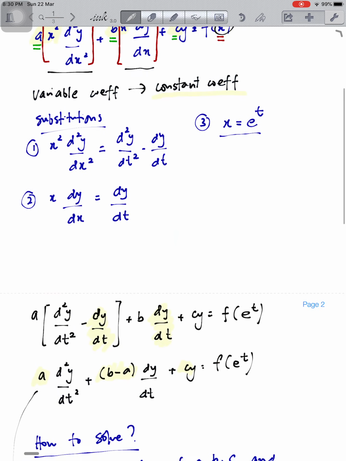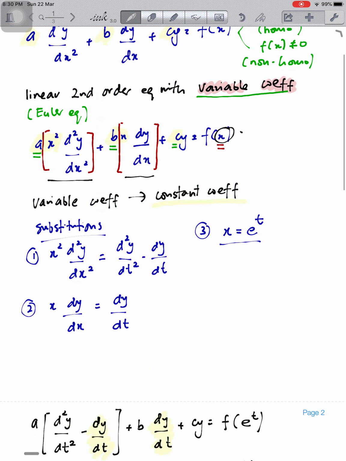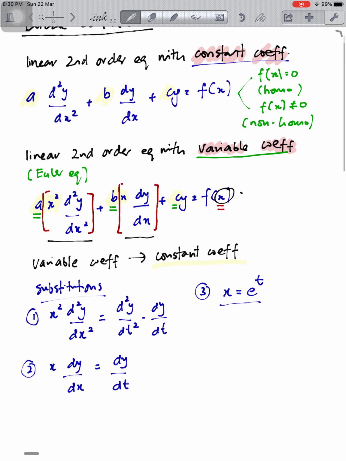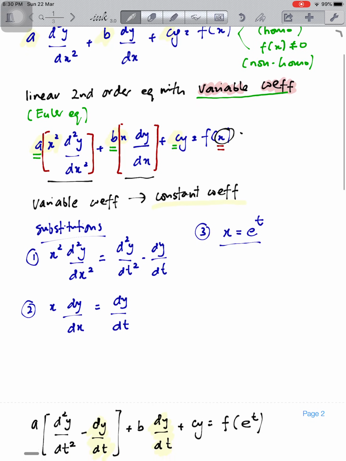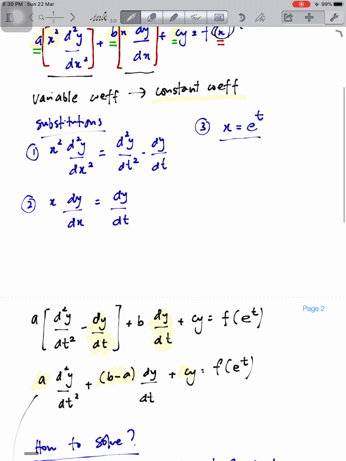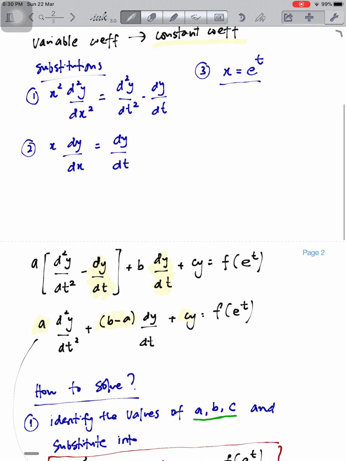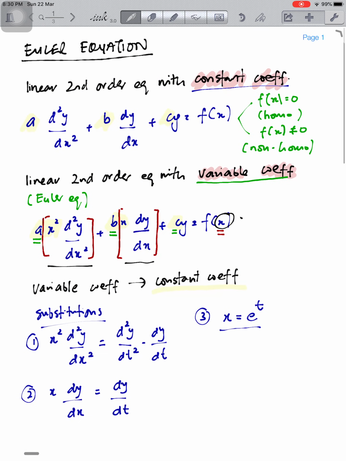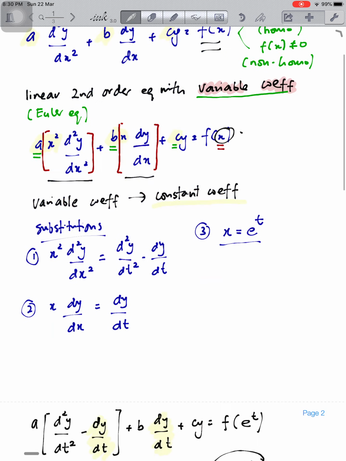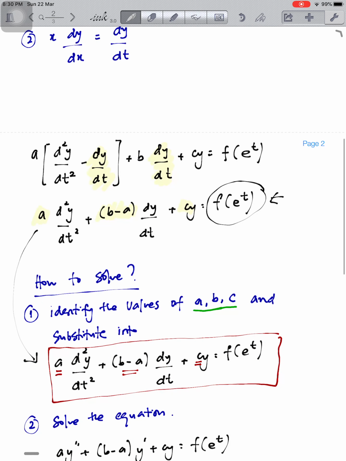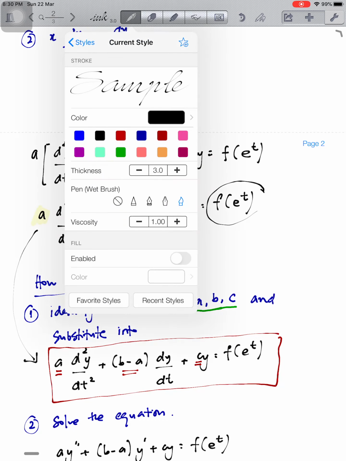If you notice right here, when we do the converting from constant coefficient to variable coefficient, what happened is that we change the right hand side of the equation. So previously, at the top, this is given by f of x.